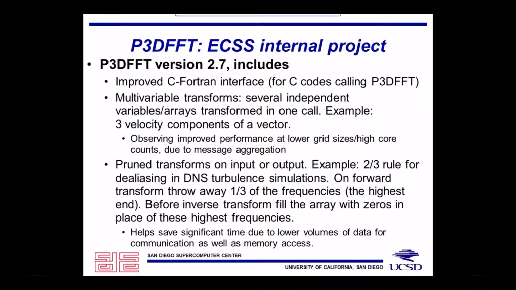So, for example, if you have a velocity vector with 3 components, and the algorithm requires you to transform all 3 vector components, you can do it in a single call. And in certain conditions, if there is a low grid size or high core counts, that can actually save time due to message aggregation. So it can be more efficient than just transforming one component at a time.